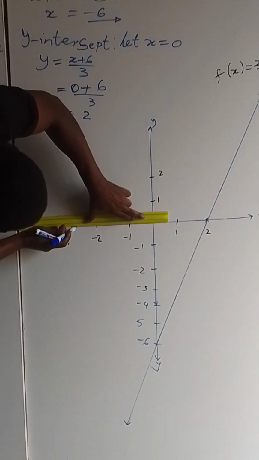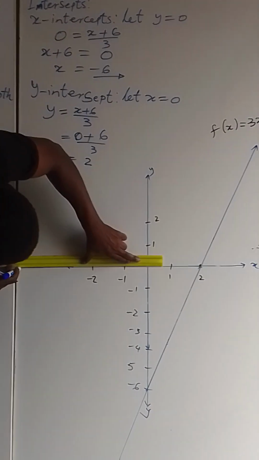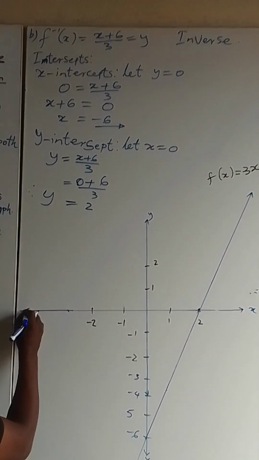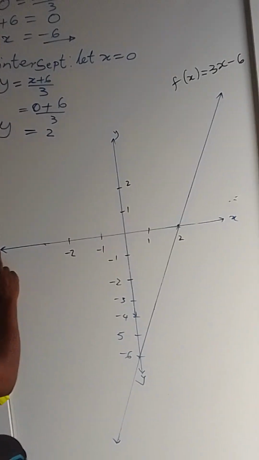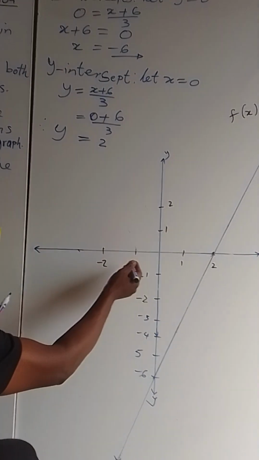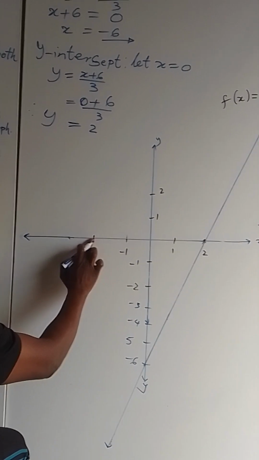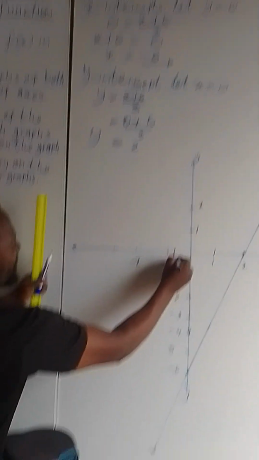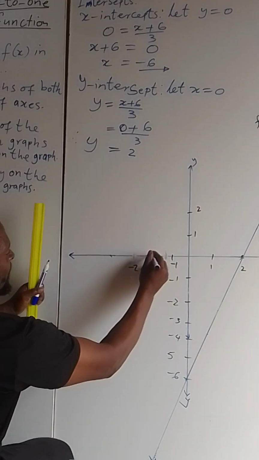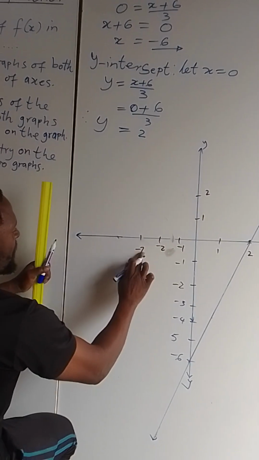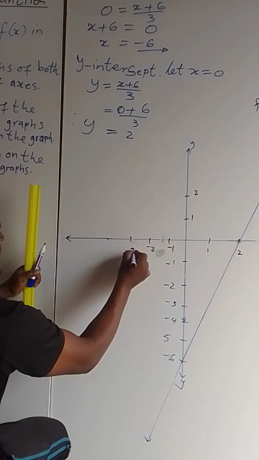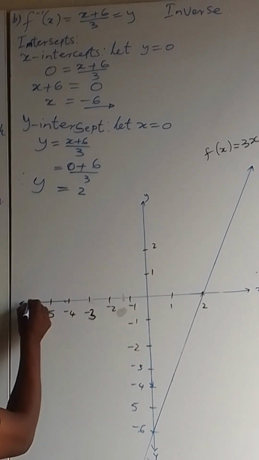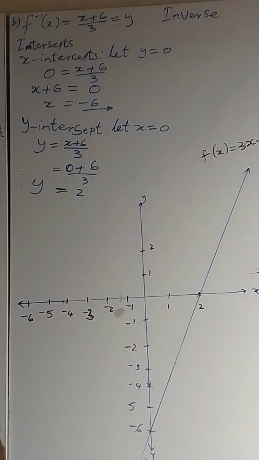Here is our axis: -1, -2, -3, -4, -5, -6.